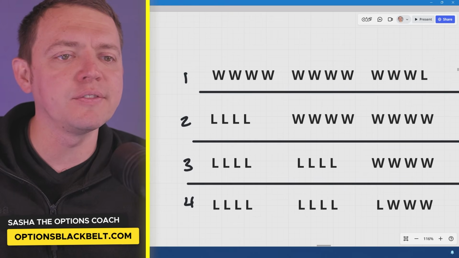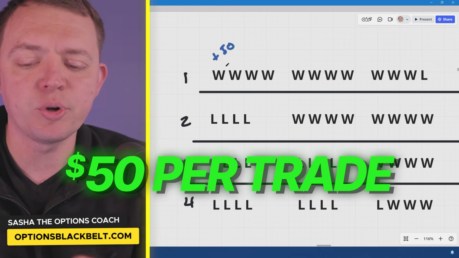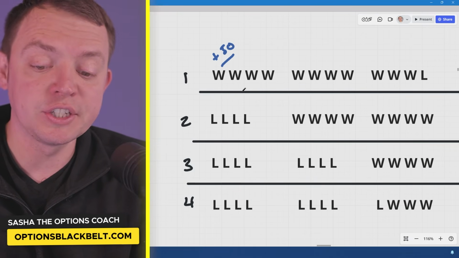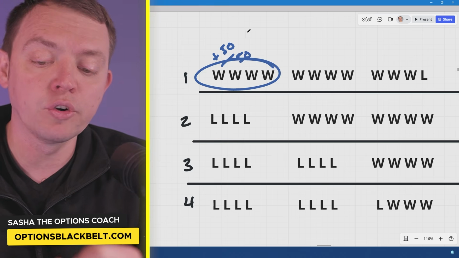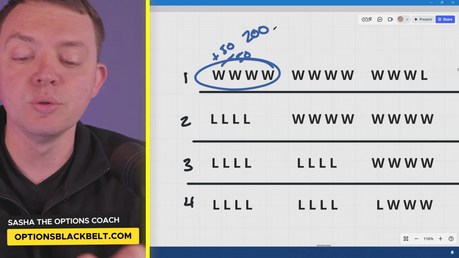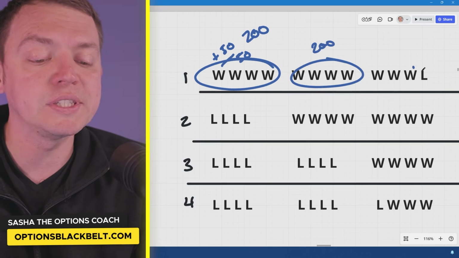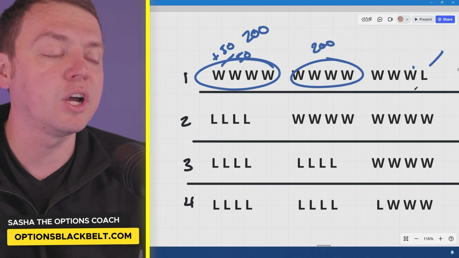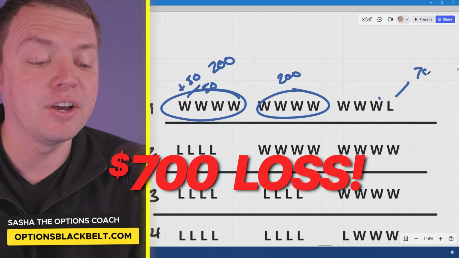If I'm making $50 a piece per trade, there's $50, there's $50, and another $50. So out of this group, you might have made $200, then another $200. But then over here, you might lose on this one significant losing trade. It might lose like $700.